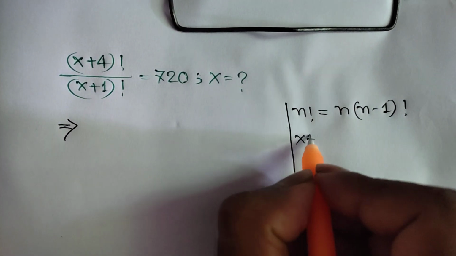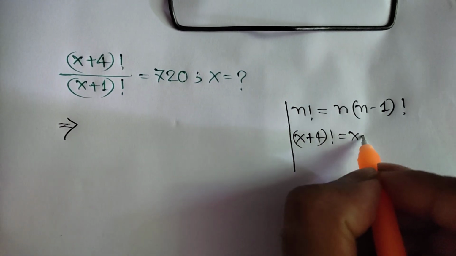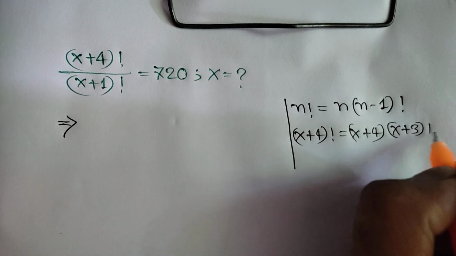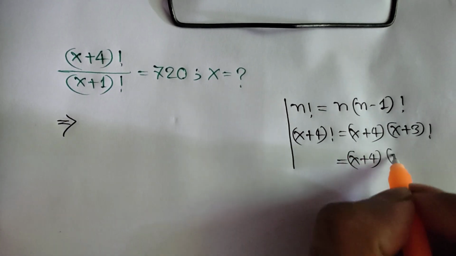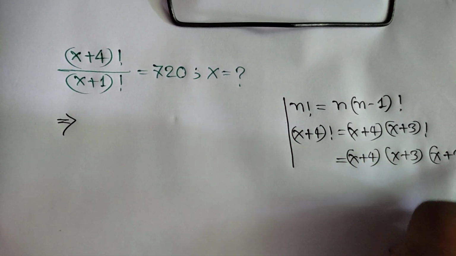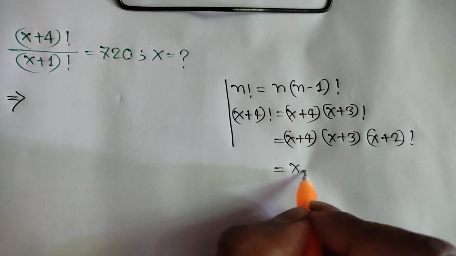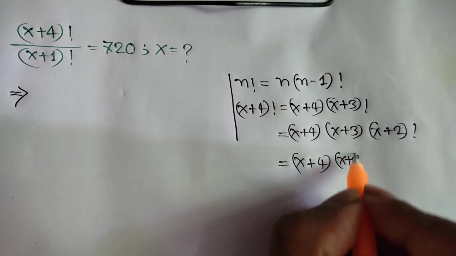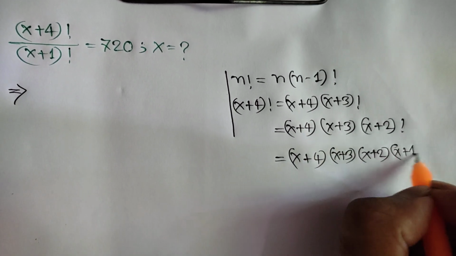So (x+4)! is equal to (x+4) times (x+3)!, which is equal to (x+4) times (x+3) times (x+2)!, which is equal to (x+4) times (x+3) times (x+2) times (x+1)!.